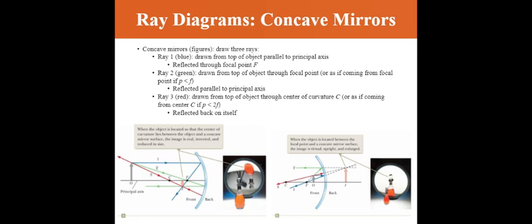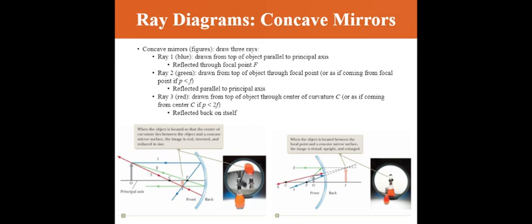The third one you draw, shown in red, has an angle of reflection equal to 0. So it hits the mirror right at the normal, and so it reflects back in the same direction. So when you draw ray number 3, it's just a ray that crosses the center of curvature.